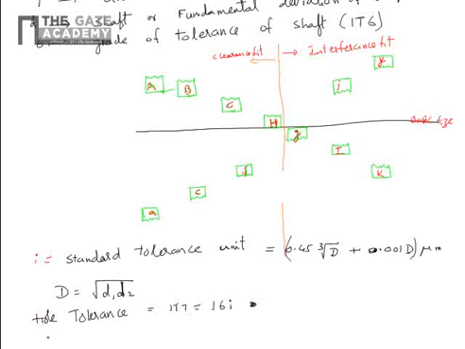For fundamental deviation also, sometimes they give it in the problem. Suppose here the shaft deviation is equal to minus 16 D power 0.41 micrometers. So it's also in microns.